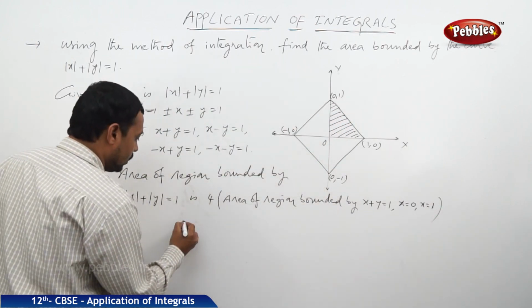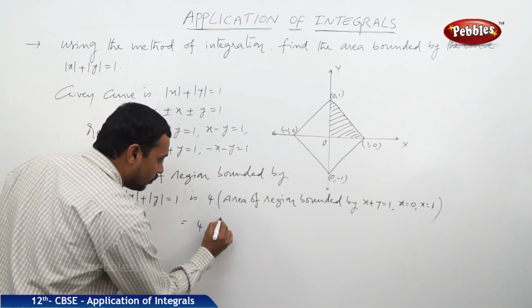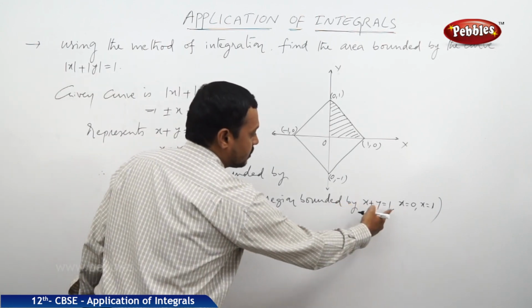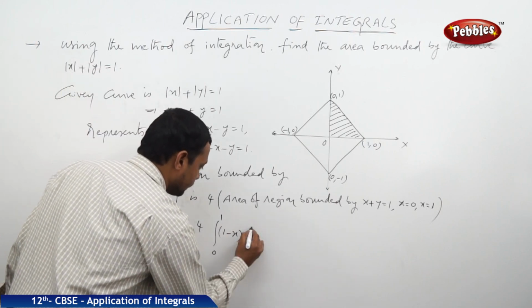Therefore, it is 4 times the integral from 0 to 1, and from x plus y is equal to 1, y is equal to 1 minus x, dx.